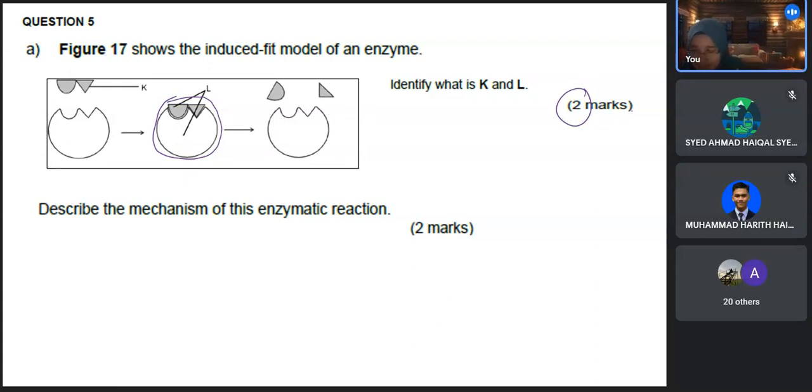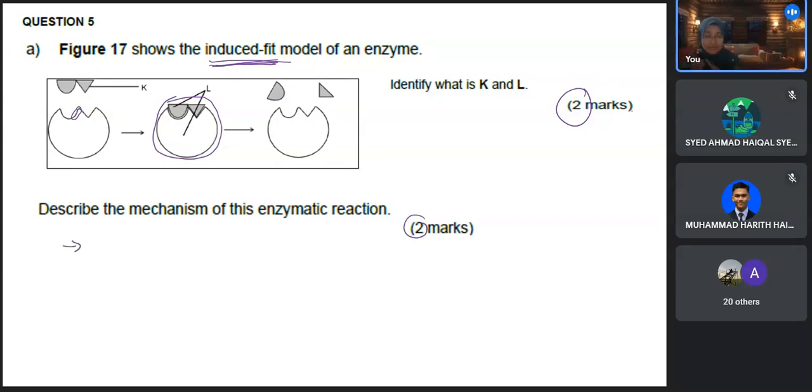It was already mentioned initially in the question that it is the induced fit model. So for this question you have to explain the induced fit model.